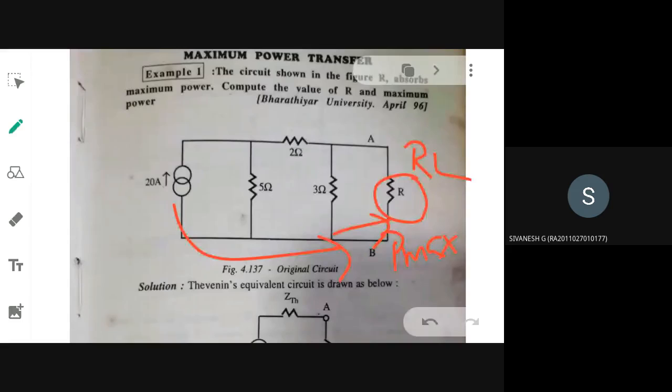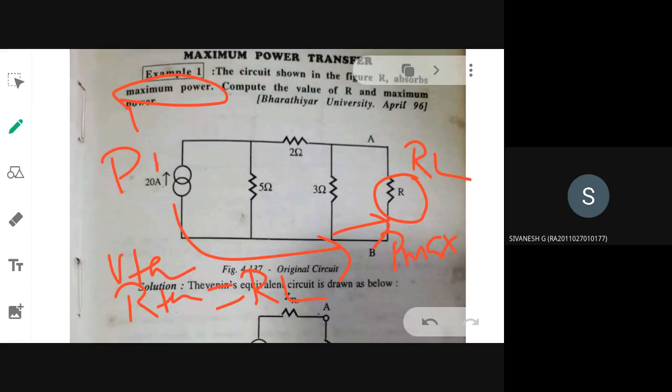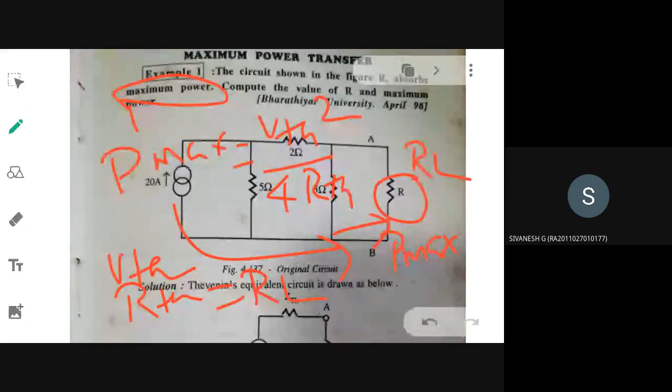So as usual procedure, here also you need to find out V Thevenin and R Thevenin. That R Thevenin will be equivalent to RL, because they say it is consuming maximum power, and the formula for P max is given by a standard formula V Thevenin square divided by 4 R Thevenin.